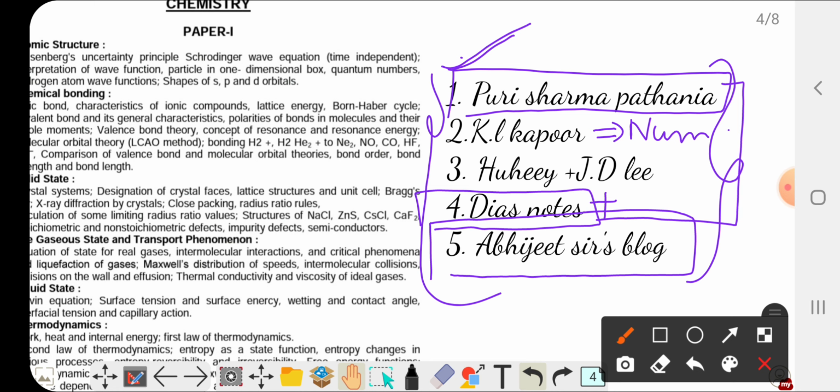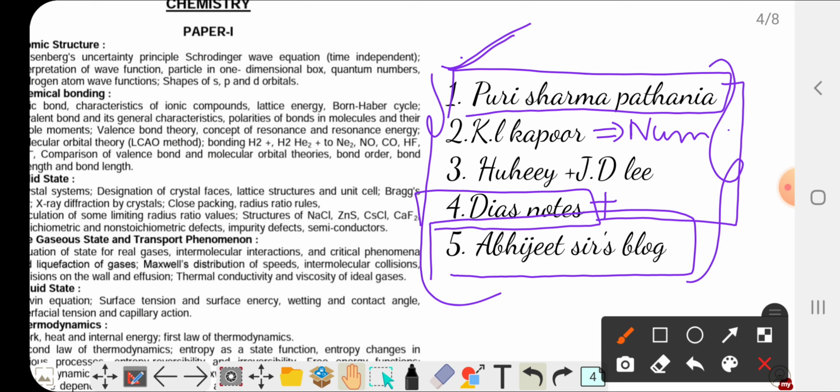So we are going to stick to a particular book like Puri Sharma Pathania, and notes for reference on how much to read from it. We don't have to read Puri Sharma Pathania from cover to cover, because there are extra topics in the book. That is a book for MSc level, not made for UPSC aspirants. So we will refer like this.